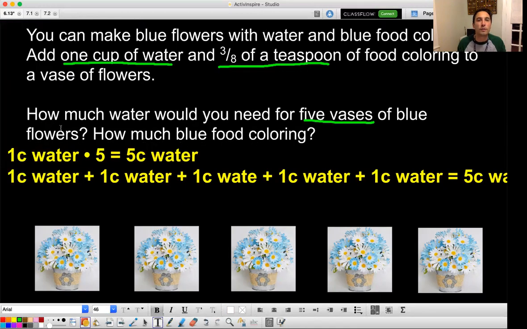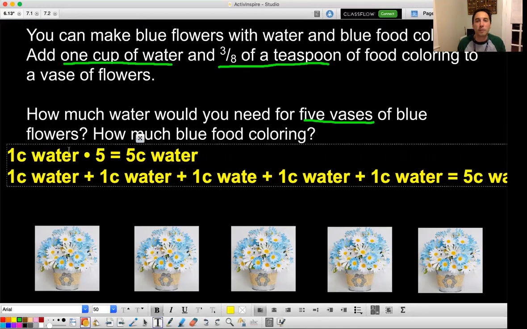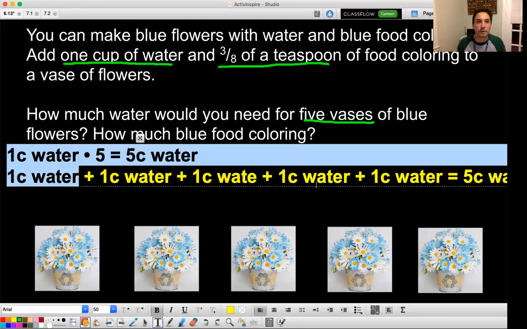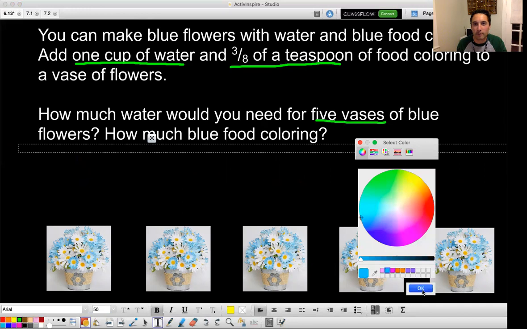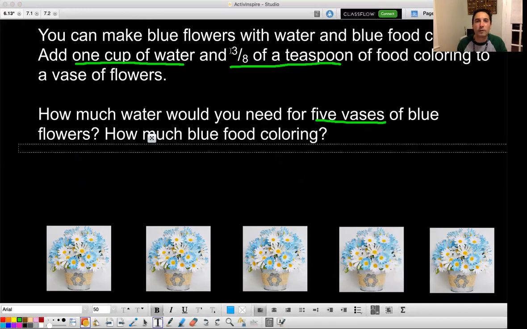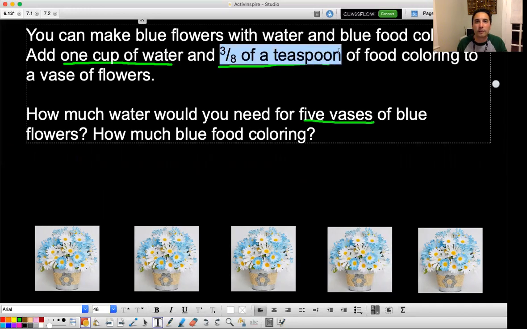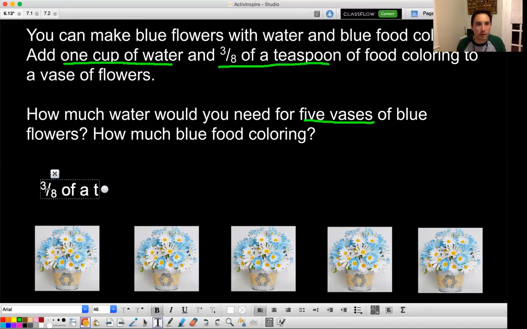I'm going to do the same problem now, but now instead of looking at the water, I'm going to look at the food coloring. Okay, so we have our blue food coloring. For each vase, and it's going to do a lowercase t for teaspoon, we'll need 3/8 of a teaspoon.